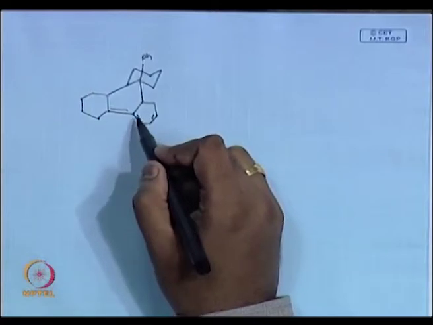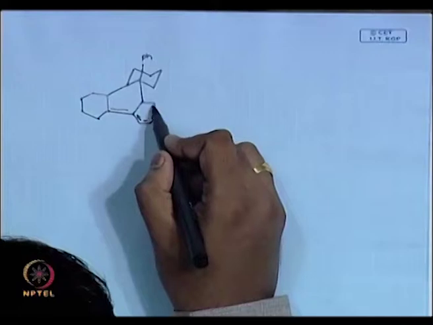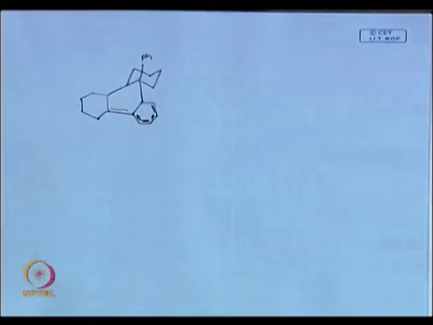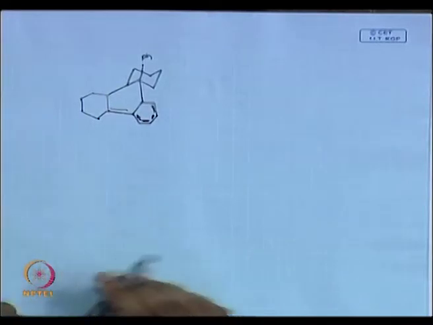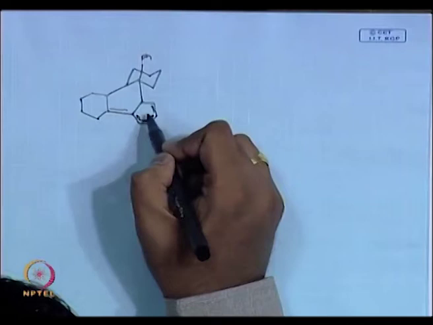There is a little bit of change in the double bond. So, I get a system like this, 4 plus 2. What happens in this case, your aromaticity should come back again, right? So, you have a system like this.